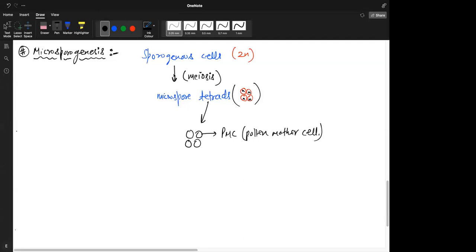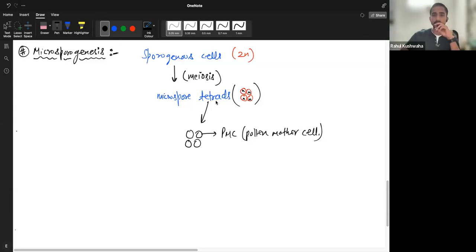I was saying that one sporogenous tissue or one sporogenous cell after meiosis forms a microspore tetrad. Tetrad simply means a group of 4 cells, right? In this tetrad, each cell is haploid and each cell is a potential pollen. So it can develop to become a pollen cell. That's why until it is developed, it is called a PMC, pollen mother cell. It will become a pollen. Is it clear?